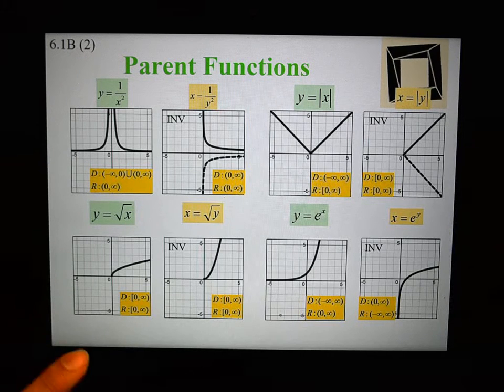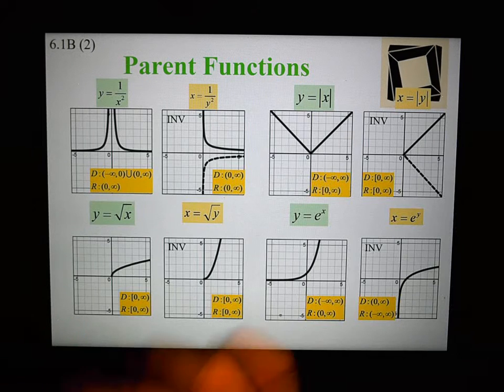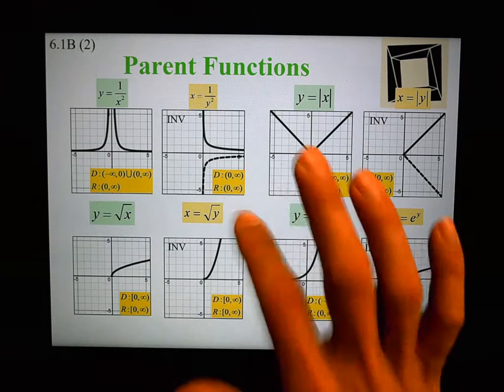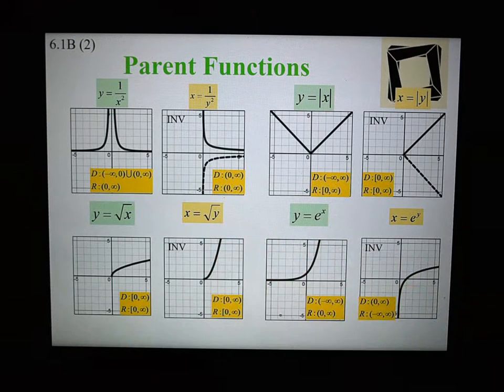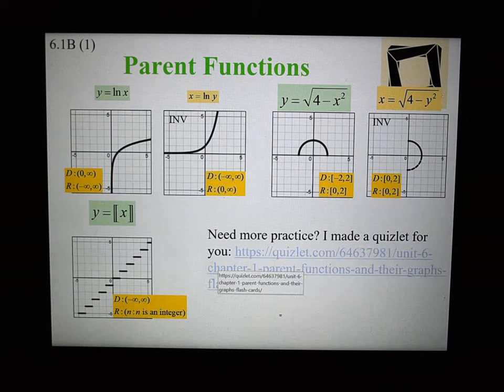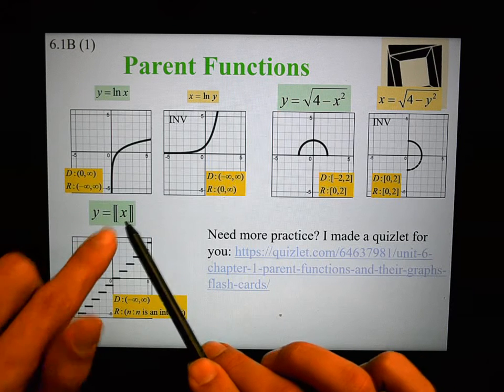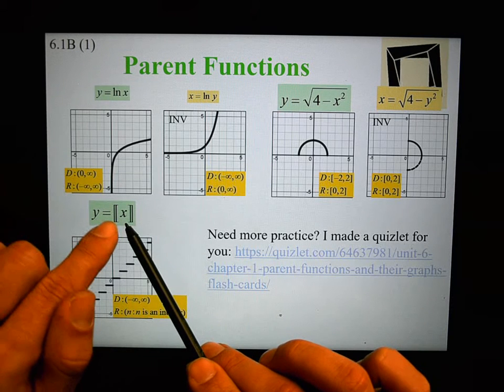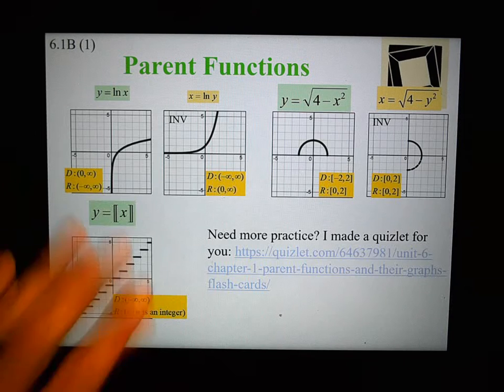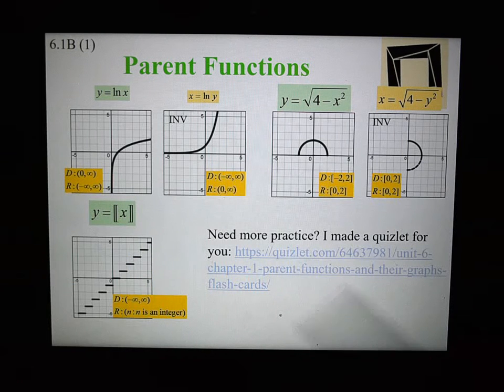And so on. So here are all your parent functions that you had. There's one extra here that you won't have to worry about until I teach it to you, which will come up in a different section, so don't worry about this last one, just so you're aware.